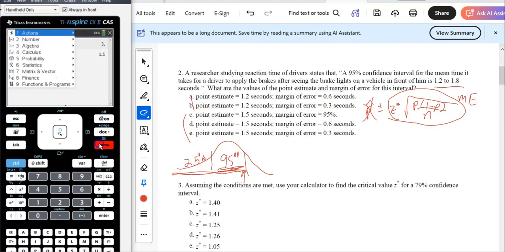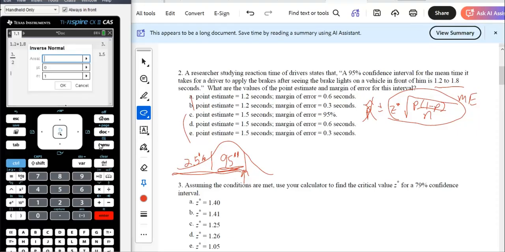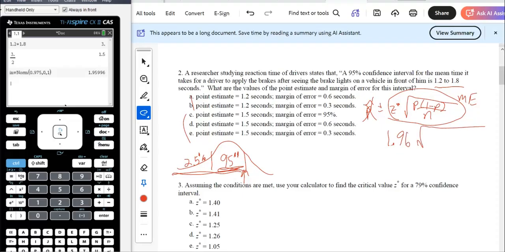If you go to menu 65, I think it's 3, and type in 0.975, it should give us the z-score that we need to get the margin of error: 1.96. That might be one you memorize just because it's so common. You see it again in lots of 95% confidence intervals.